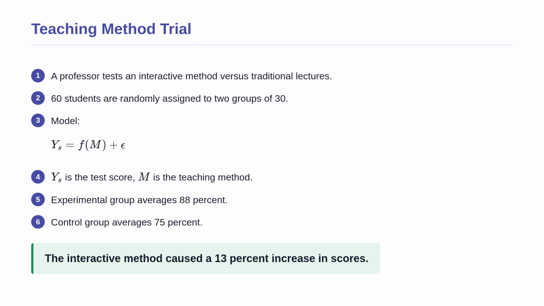We use our model where y sub s is the final test score, and m is the teaching method. After a semester, the experimental group scores an average of 88%, while the control group scores 75%. Because all other factors were kept identical, the professor can confidently conclude that the interactive teaching method directly caused the 13% increase in student test scores.